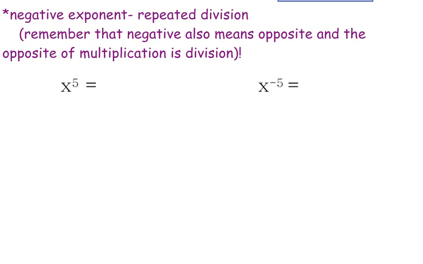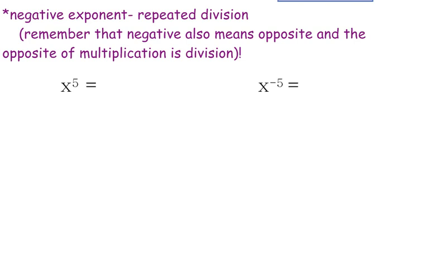Here we have a definition for negative exponent. On your notes page, you will see the star that tells you this is going to be a definition. And there's room for you on your note page to write down negative exponent is repeated division. And that should make sense to us because an exponent is repeated multiplication.